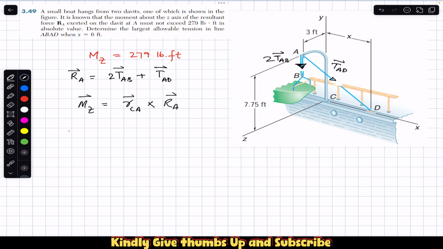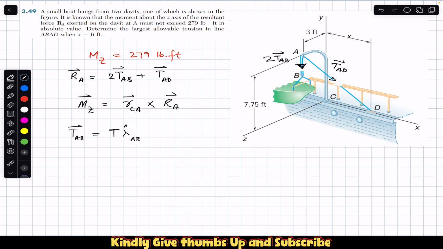So first of all, let me find TAB. The magnitude of the tension in the whole rope remains the same, so let's say that the magnitude is T. So the TAB vector will be equal to the magnitude T times the unit vector from A to B. You guys can see that this is the positive direction, so the unit vector is in the negative j, the negative y direction.